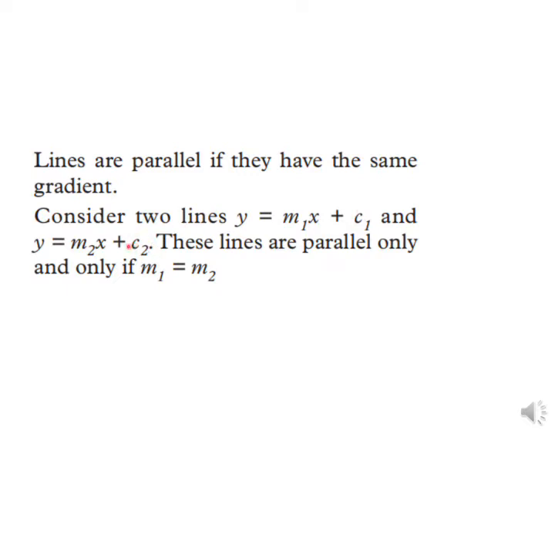Now if the gradient or slope of line 1 is equal to the slope of line 2, you conclude that line 1 and line 2 are parallel. Yes, if the slope of line 1 is equal to the slope of the second line, you conclude that those lines are parallel. So now let us take an example here.